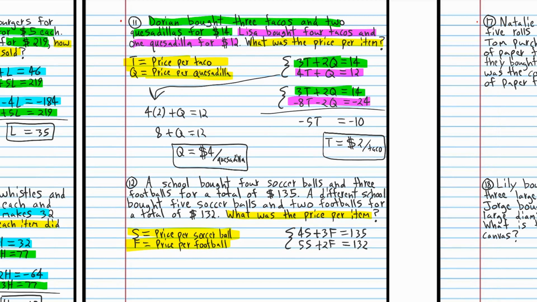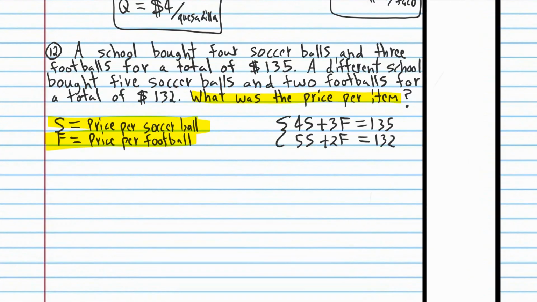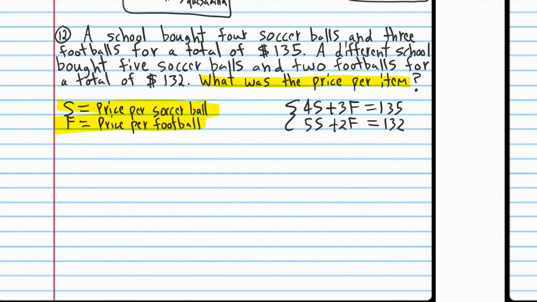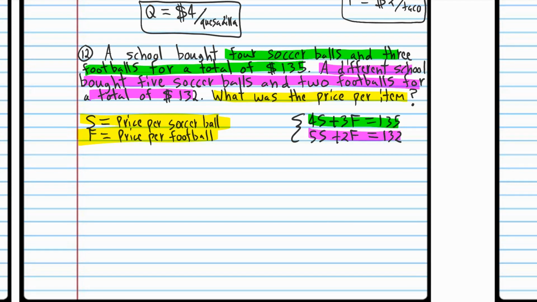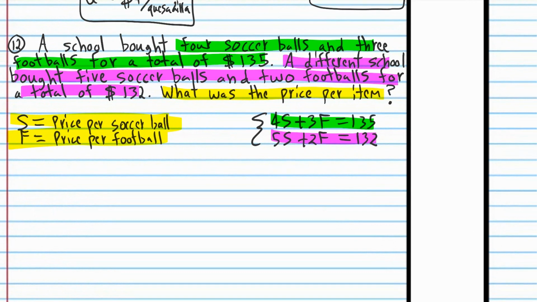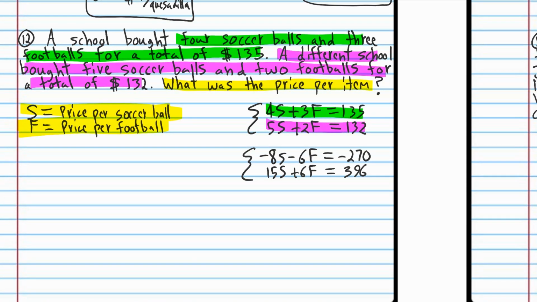But in this problem, we're going to have to multiply both equations in order to eliminate. So in order to eliminate F, I'm going to multiply the top equation by -2, and the bottom equation by 3. Now you might be wondering, can you multiply the bottom by a negative and the top by a positive? That's fine, as long as one F term is negative and the other F term is positive.